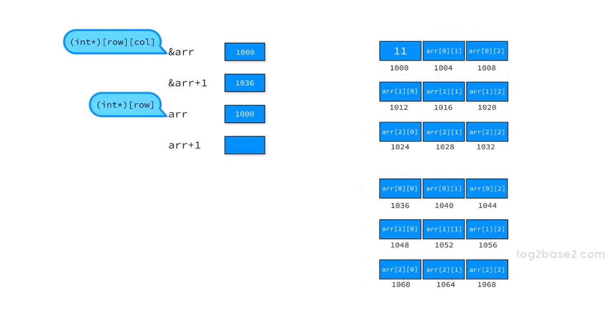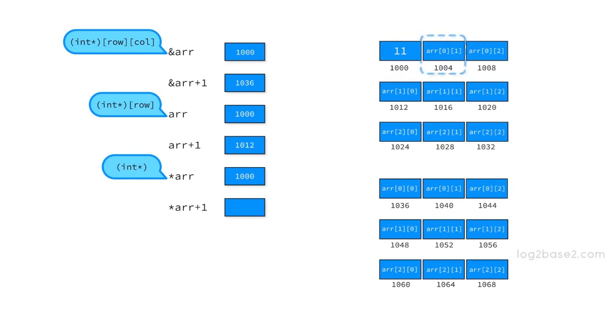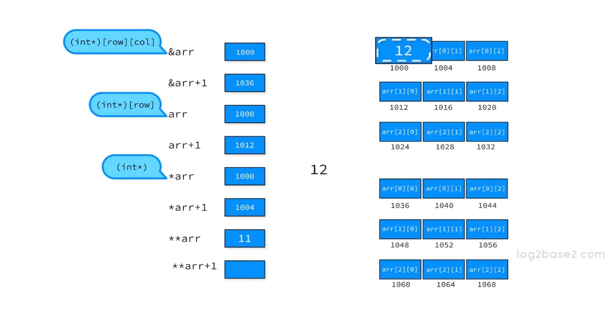So, ARR + 1 will point to the next one-dimensional array in the two-dimensional array. Next, *ARR is a single element pointer, that is of type int *. So, *ARR + 1 will point to the next element in the array. And finally, **ARR is the value of the first element. So, **ARR + 1 will increment the element value by 1.